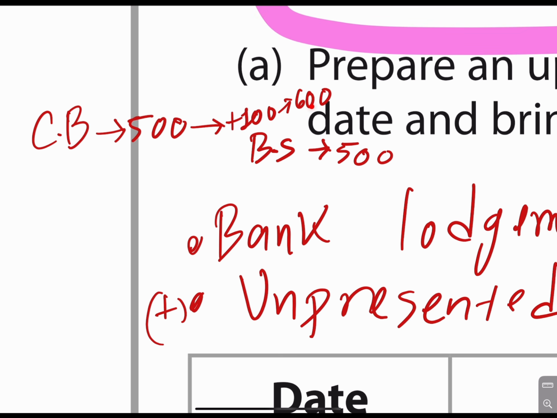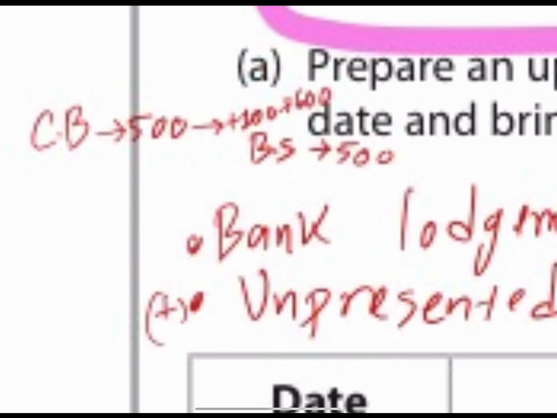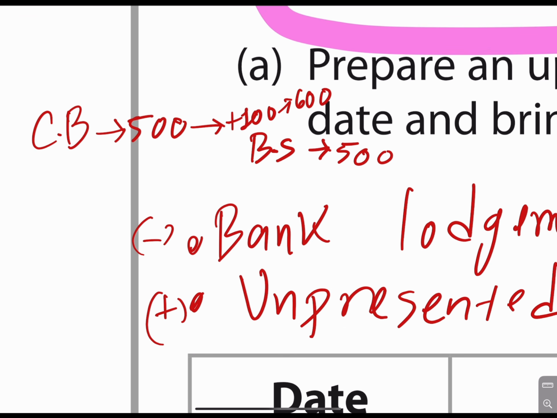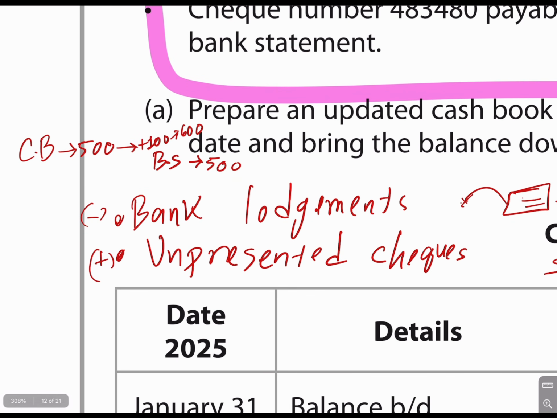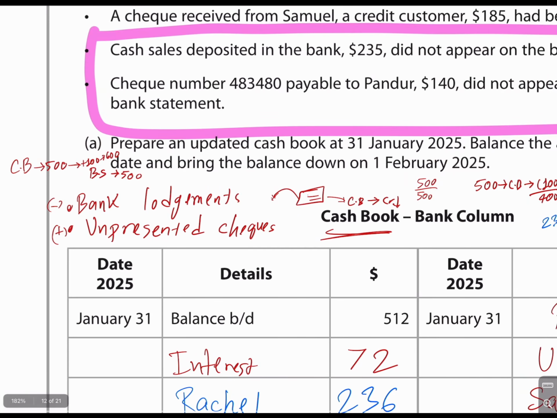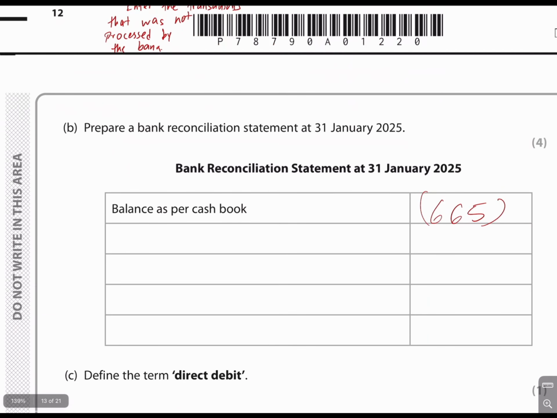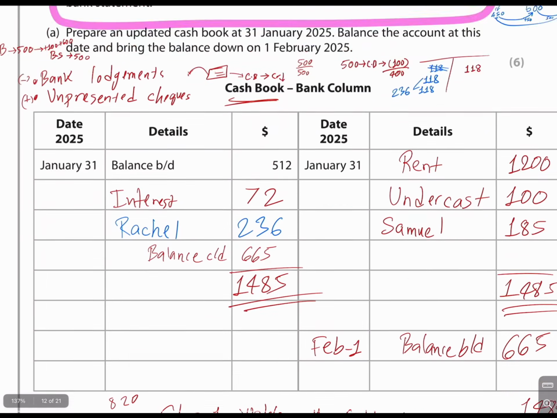Now if you want to match your cash book with the bank statement, you have to reverse calculate to make sure that the error is only because of this time lag. So what do we do? If that's a bank lodgement, we deduct it. So that's the logic. Many of you might not understand this because it does require good conceptual knowledge. All right, now how do you identify here?